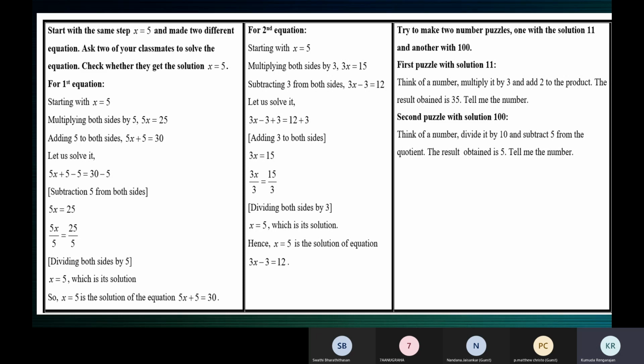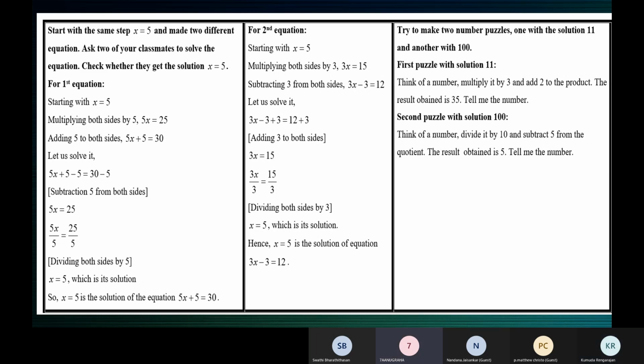You're saying in general, correct? So for what solution is the equation? Ma'am, for 100, I made an equation.